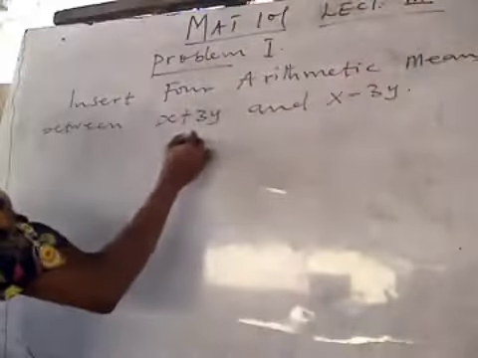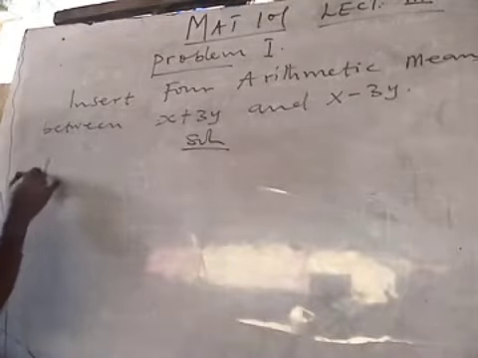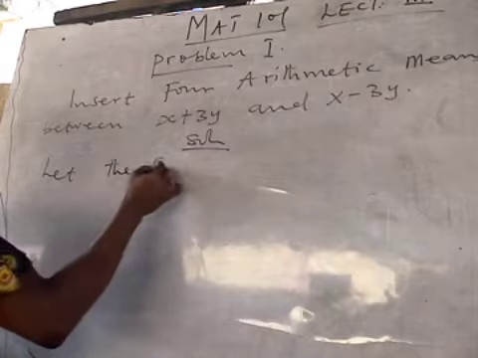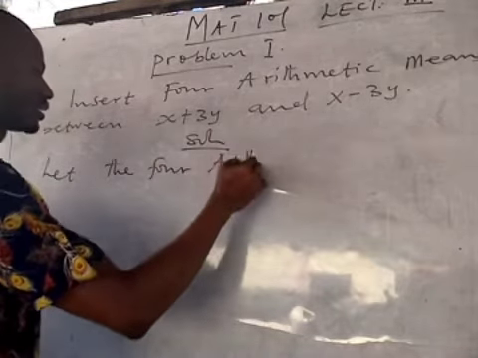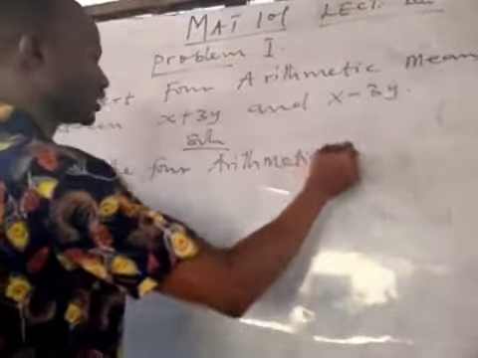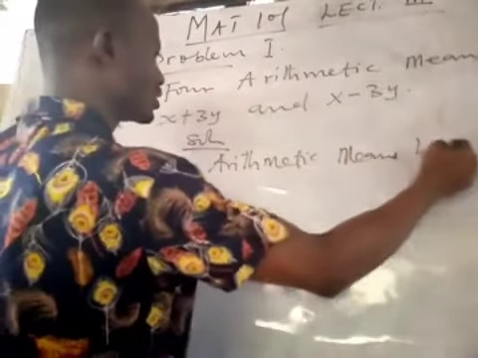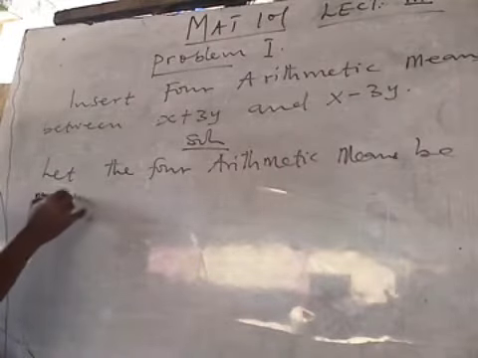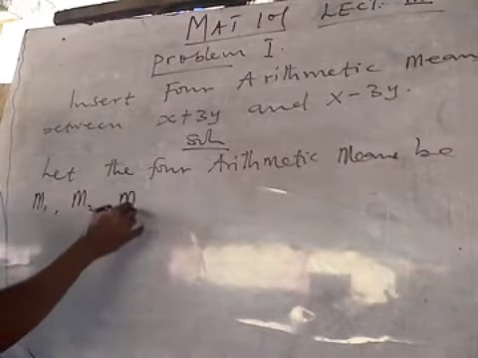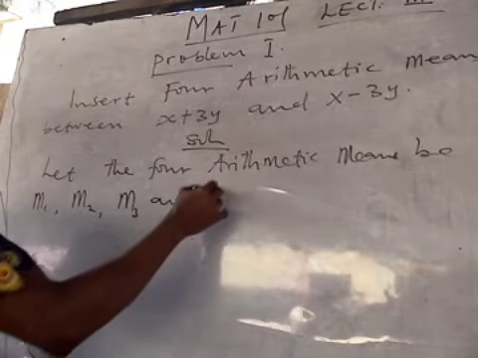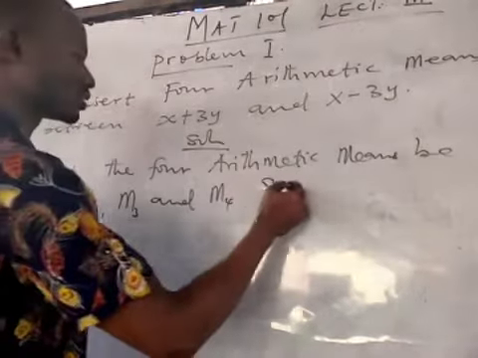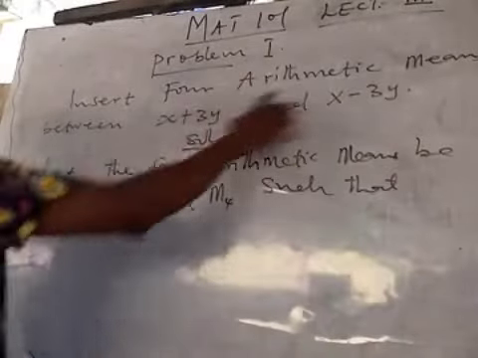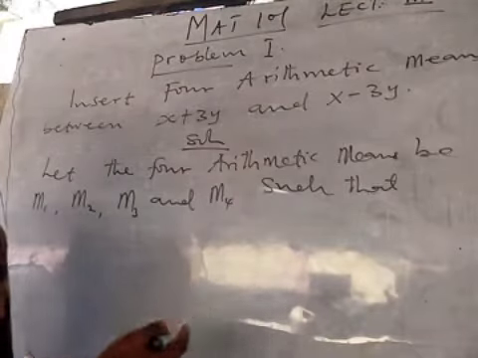So I can just say, solution: let the 4 arithmetic means be M1, M2, M3, and M4, such that when I insert these 4 means in between these two numbers, I will form a sequence in arithmetic progression.